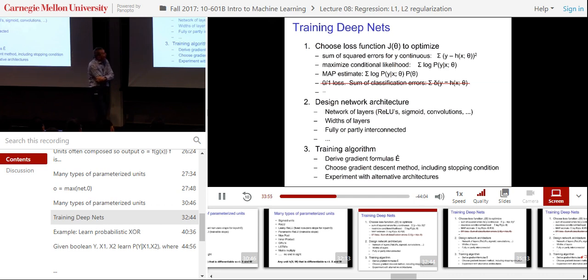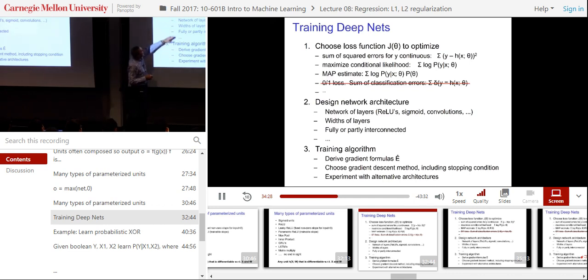Then we talked about how minimizing the sum of squared errors between the predicted value, h of x, versus the true value, y, could be equivalent, if we make some assumptions, to getting the maximum likelihood estimate. If we assume that the data we're looking at has zero mean Gaussian noise added into the y values.